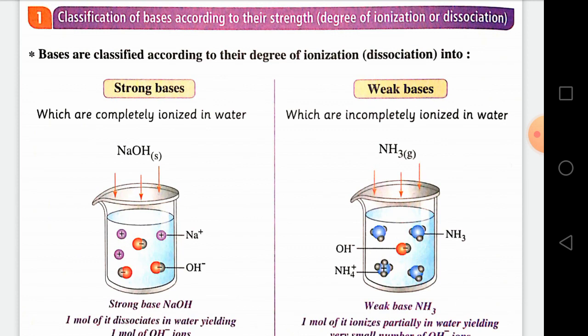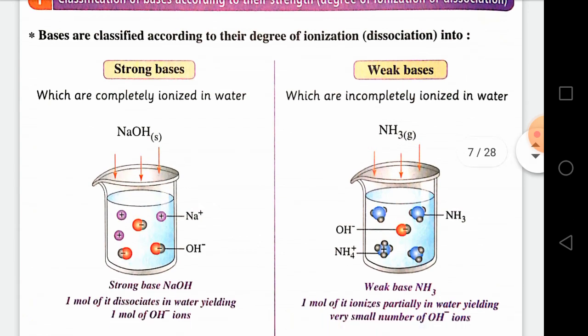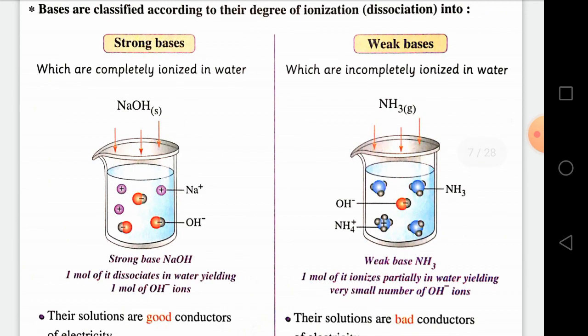Remember, strong acids and strong bases are completely ionized in water, so they are strong electrolytes, while weak bases and weak acids are partially or incompletely ionized, so they are considered as weak electrolytes.